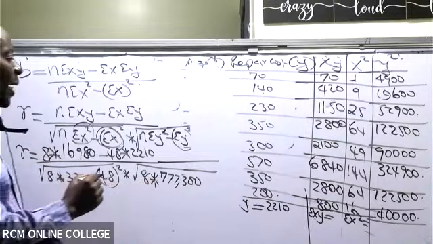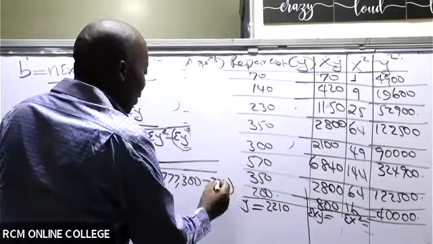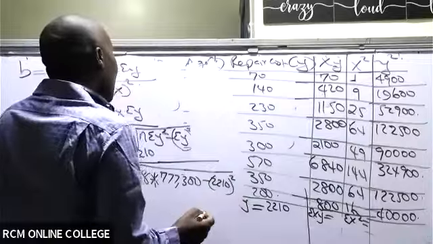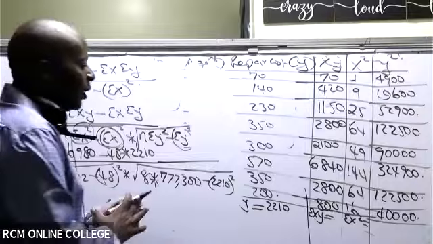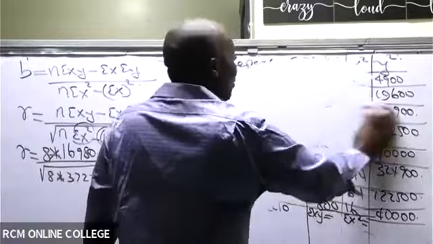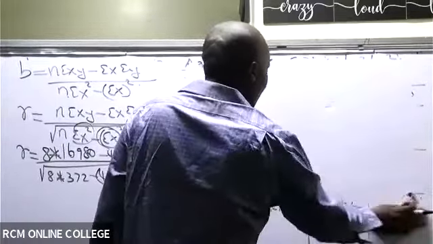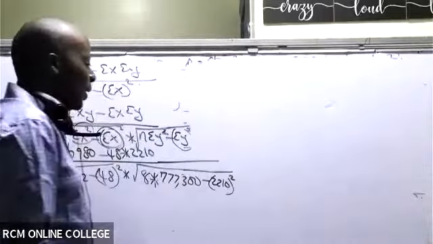Yes. Minus summation of y, which I have here, 2210. Now you square this. It may look big, but trust you me, it's a very simple thing.